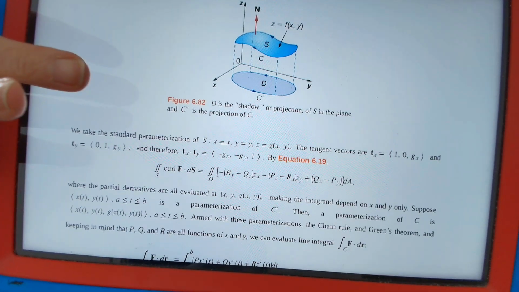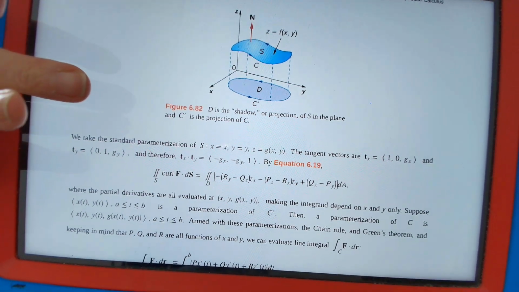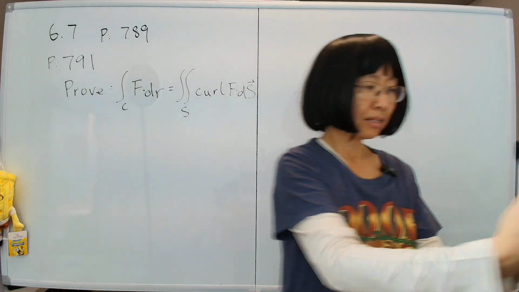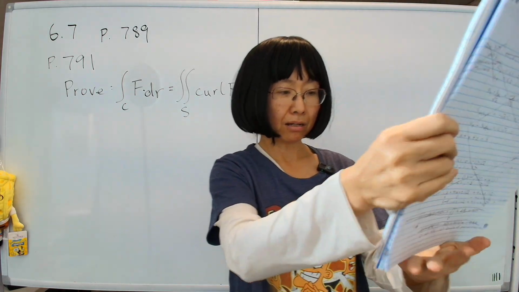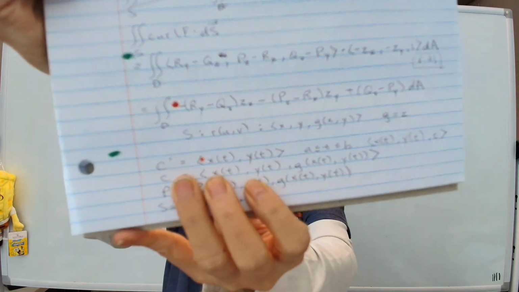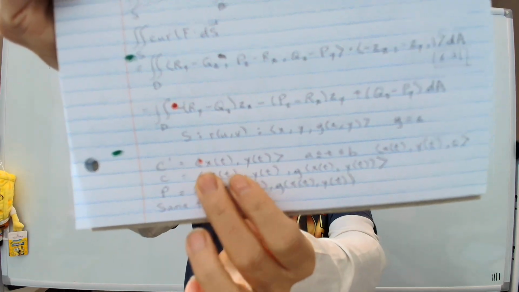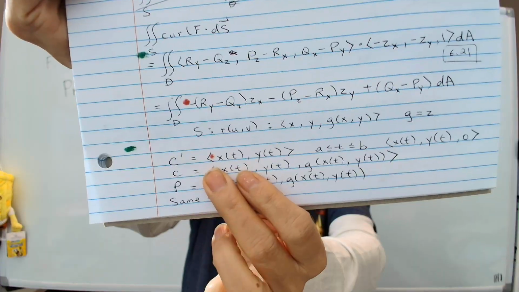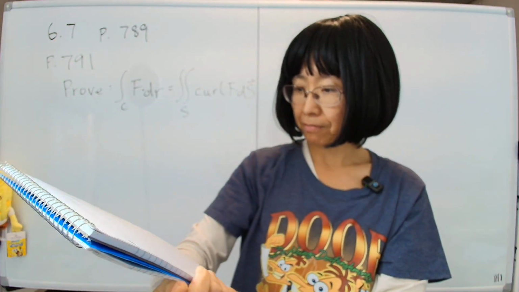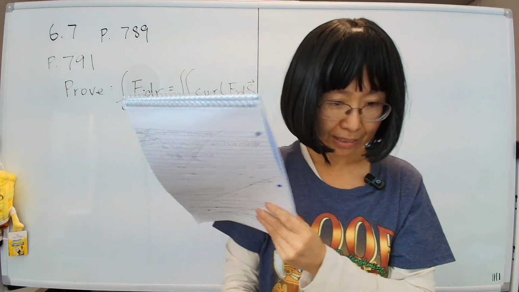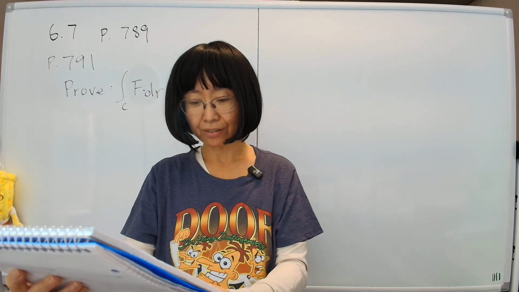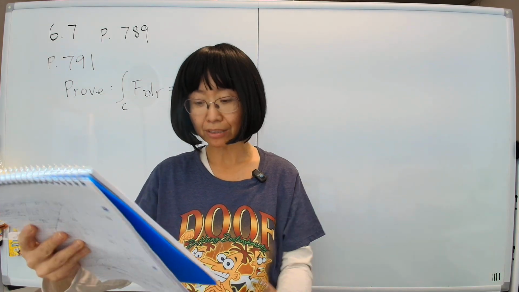And C prime is the boundary of the shadow D. Now let's say we found the parameterization of C prime, that is the boundary of the shadow on the bottom.